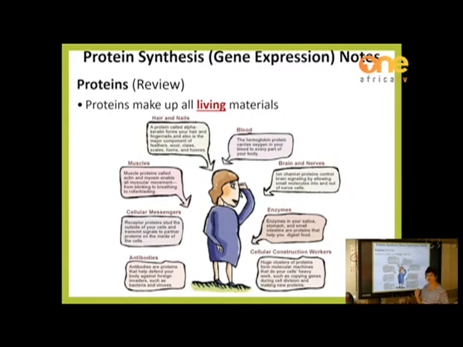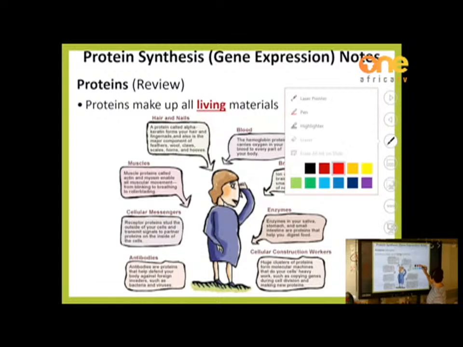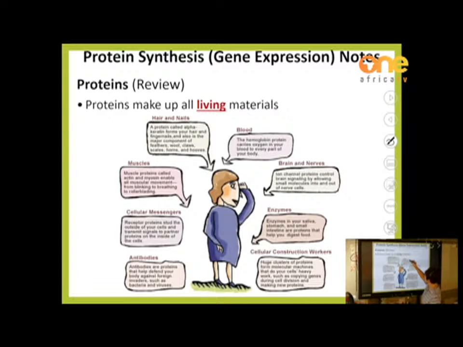We also divide proteins into globular and fibrous proteins. And just to help us to remember, let's add hemoglobin, globular protein. So it's a spherical shape. The channel proteins, globular.